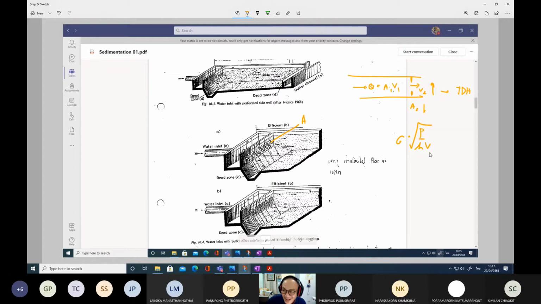Okay, so a higher gradient velocity is actually not good for the flocculation process. That is why we need to maintain the proper opening area of these holes. Okay, so this is a kind of combination of flocculation and our sedimentation process. I think for the coagulation, they also add the chemical somewhere here.